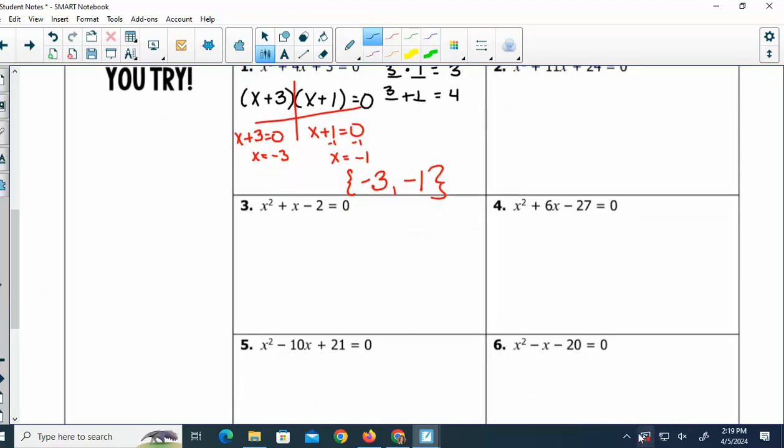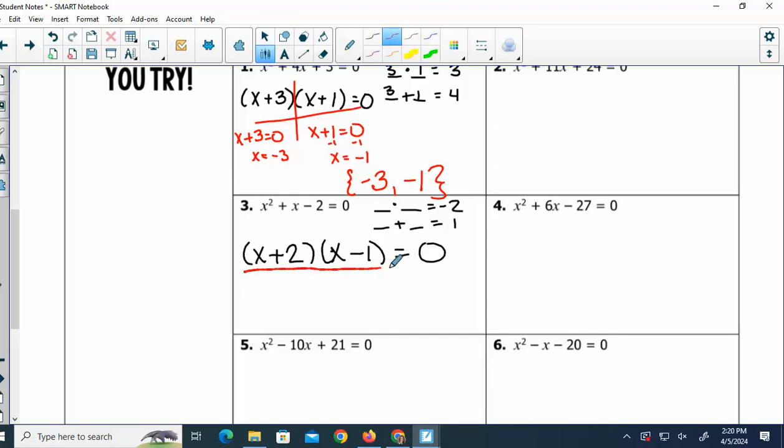I want you guys to take a look at number 3 and see if you can factor it for me. We need two numbers that multiply to a -2 and add to a +1. What are they? We'd have to do +2 and -1 since they add up to a positive. So now it's factored equal to 0. So we just set both of them to 0.